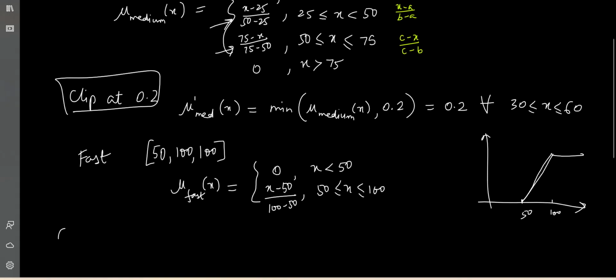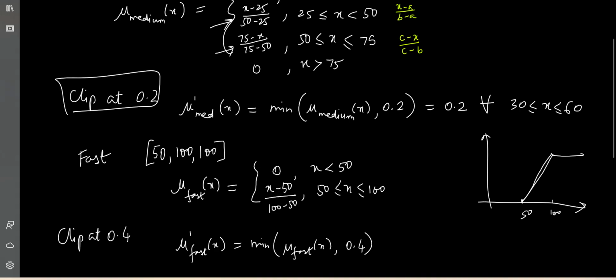And because the fast category is clipped at 0.4, the modified membership value for fast is nothing but the minimum of the original membership value and 0.4. So let us say at the maximum value 100, 100 minus 50 is the numerator, which is 50 upon 50, which is 1. So the minimum of 1 and 0.4 is 0.4 at 100.